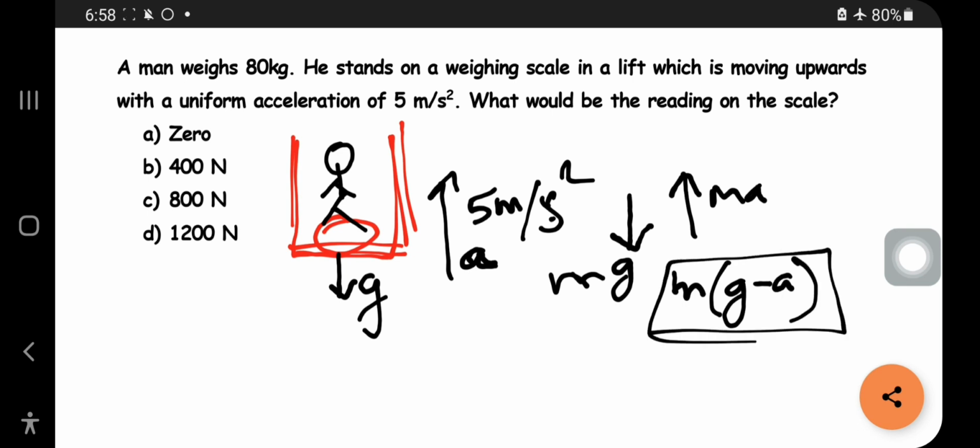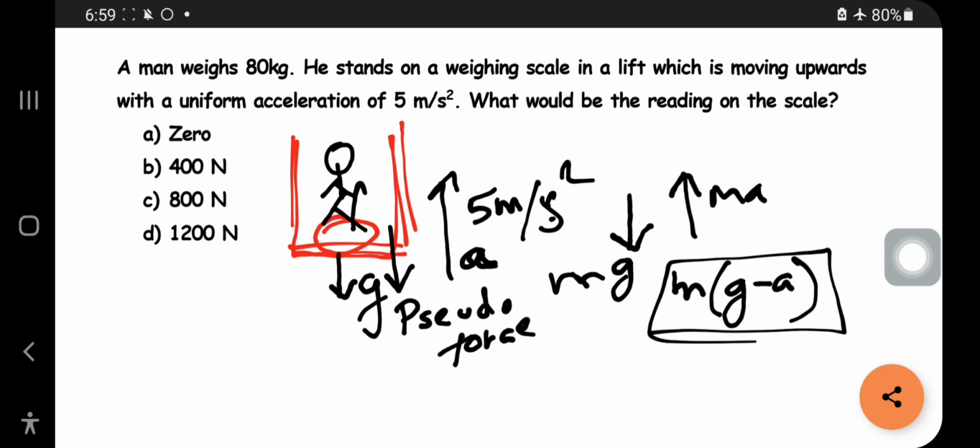In lift problems, and monkey climbing up or down problems, the pseudo force will act to keep the body in Newton's inertial frame. Here a pseudo force will act as the body is moving with 5 meter per second upwards. The pseudo force will act downwards.